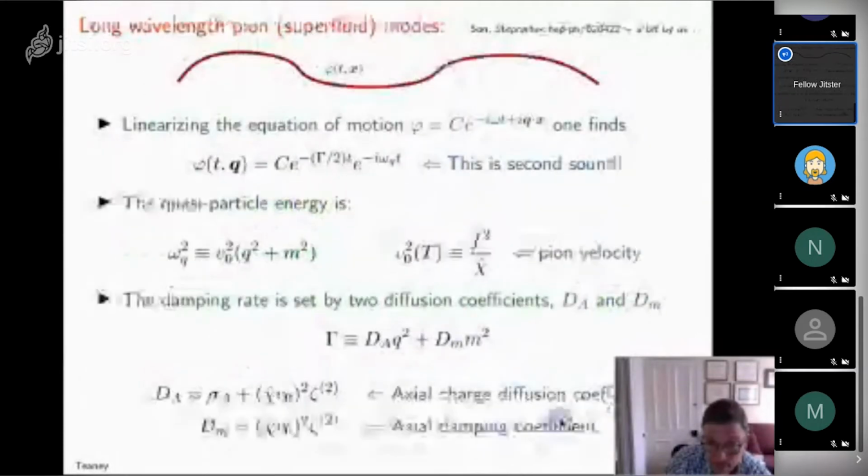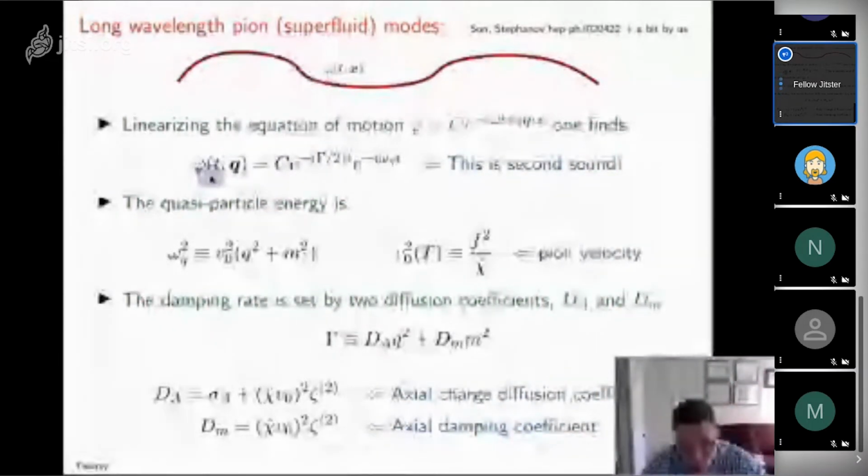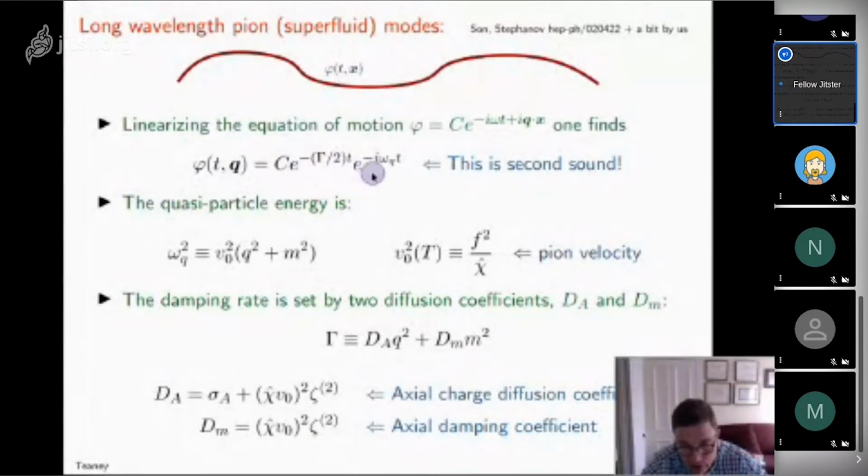All right. So first thing you would do is linearize the equations of motion and find the dispersion curve. Linearizing the equations of motion, you find basically that a given wave, first without the noise, will just decay over time, with a damping rate and a dispersion curve. The dispersion curve takes this form here.